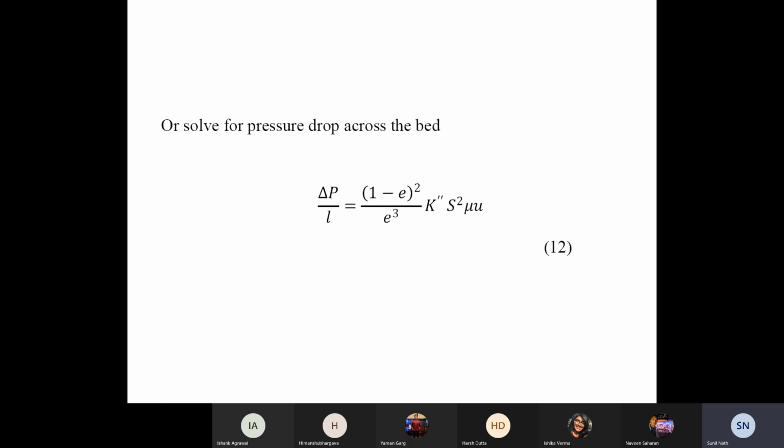So as I said, this K double prime we can approximate by a proper constant. It's no more dependent on shape when you have low Re. So delta P by L is 1 minus E squared upon E cubed into K double prime S squared into mu into U. That's what you will get.